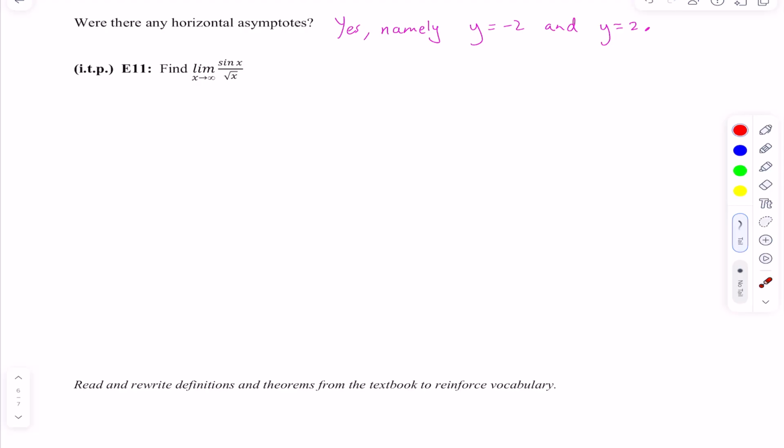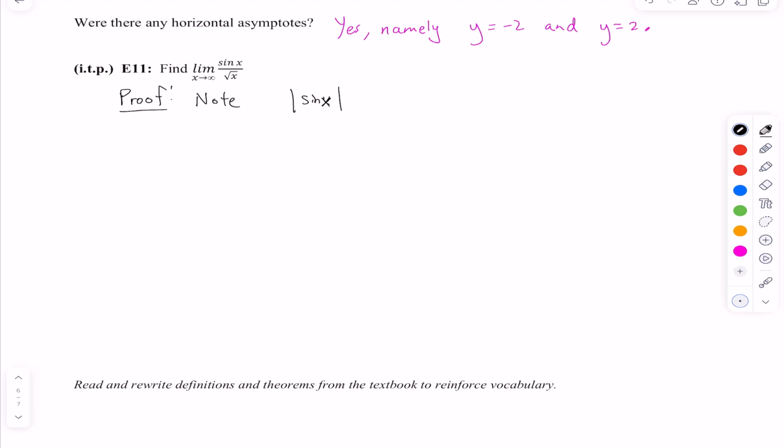So in order to execute the squeeze theorem, you have to write a number of sentences in a very specific order and make sure that you have the squeeze theorem memorized so that you know why you're writing those sentences. The first thing you're going to do is note that the amplitude for sine of x is at most 1. In fact, it is 1.